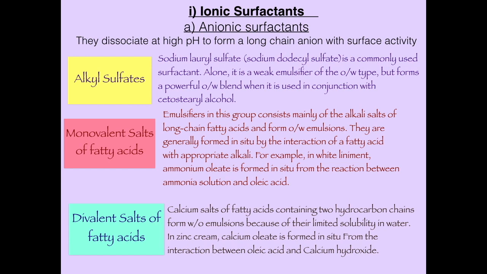However, all these anionic and cationic surfactants are used for the preparation of only topical preparations. Next class of ionic surfactants is cationic surfactants. They dissociate at low pH to form a long chain surface active cation.